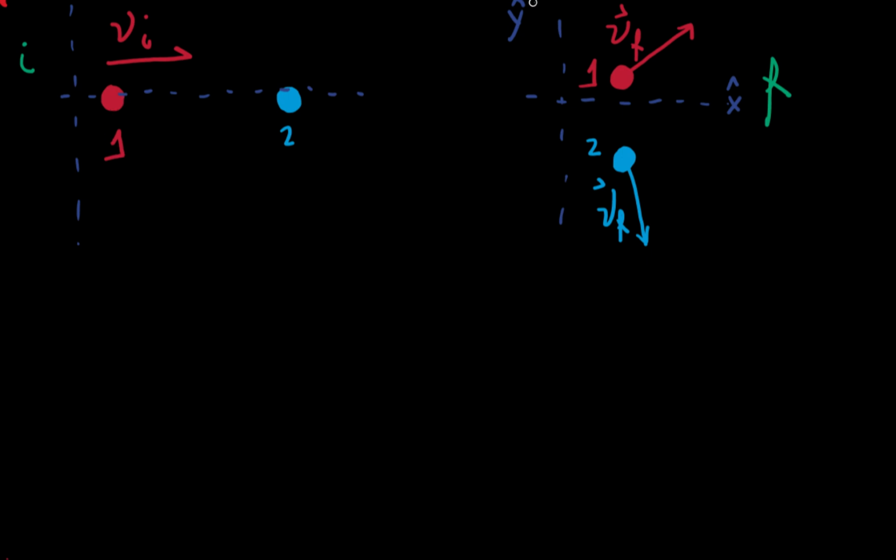Okay. So to do this as a problem, let me define a few angles here. So I'm going to call this first angle here theta. I'm going to call this other angle phi. And I have to tell you now that theta is 30 degrees and that phi is 60 degrees.